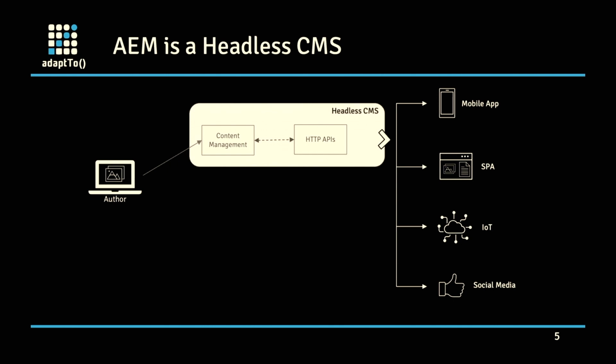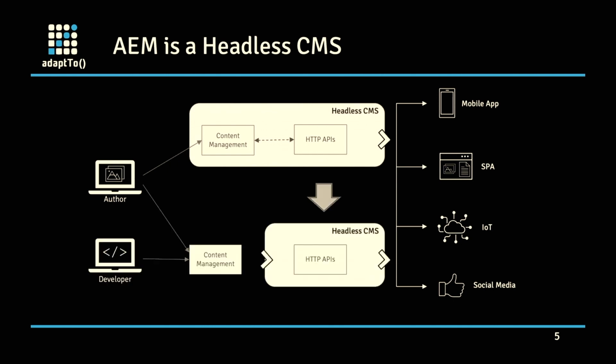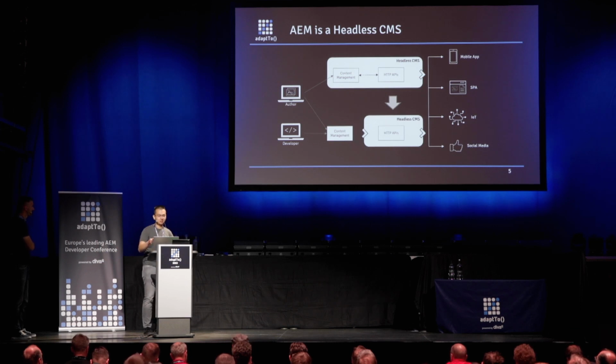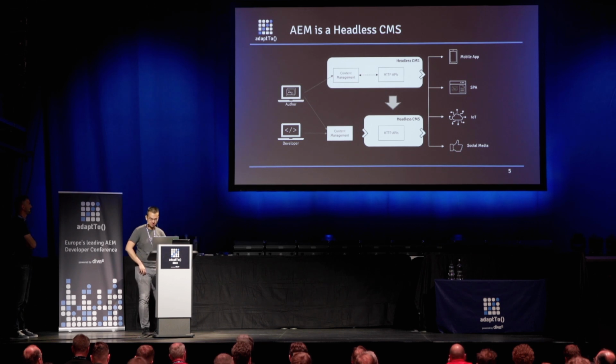So there's a shift today that we see, which is that the content management part can be even outside of the core, which allows you to extend even more by the developers writing extensions, as well as integrations with other systems.